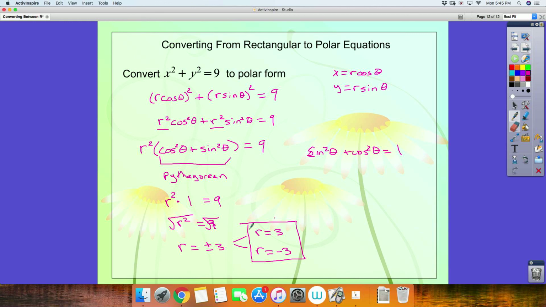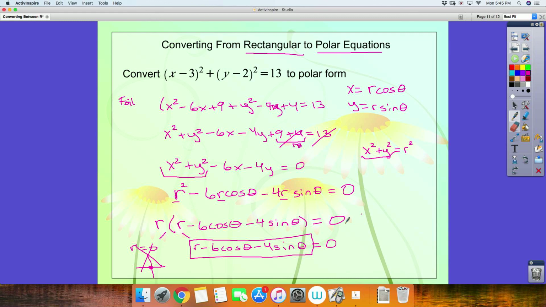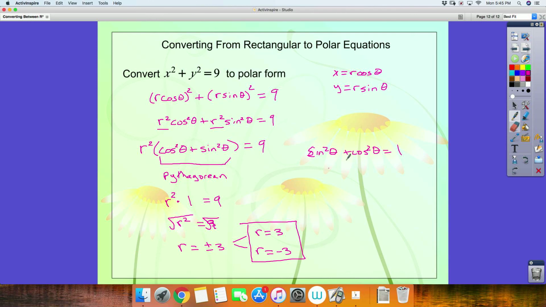So as you see, we could get a short answer like this one, or a really long answer like this one. Either way, don't be afraid to just manipulate the equations and look for our ability to substitute r cosine theta and r sine of theta in for x and y. And then definitely keep an eye out for some of our old favorite identities that you learned in previous units.